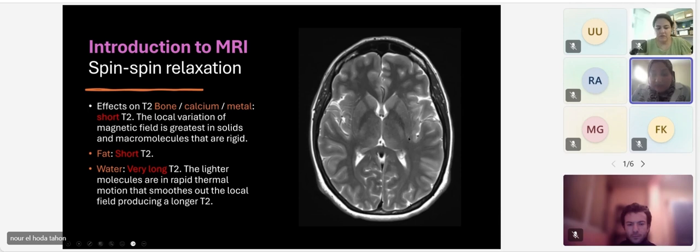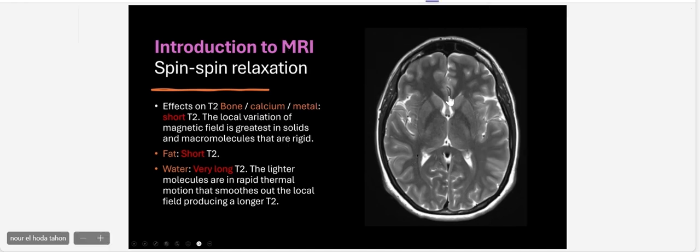You can differentiate the structures here, the thalami. See how it looks. The basal ganglia look different than the white matter. This is perfect in T2 as well.